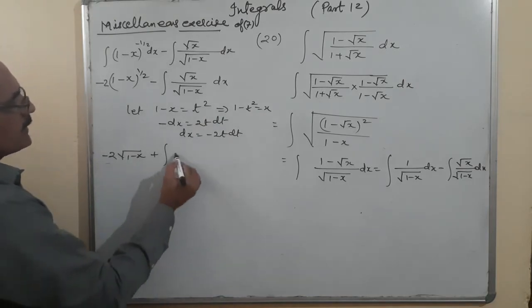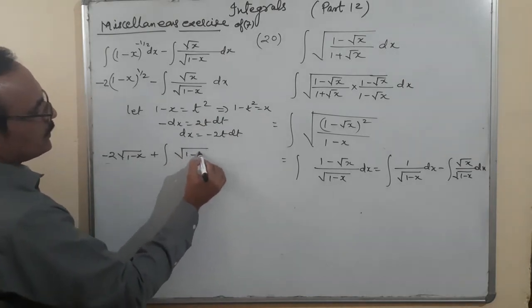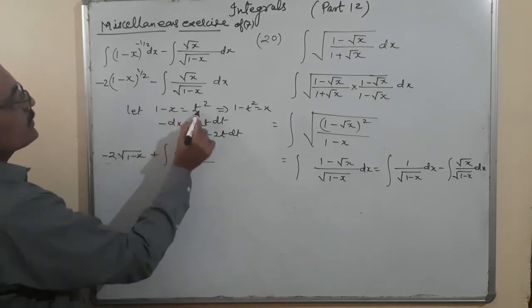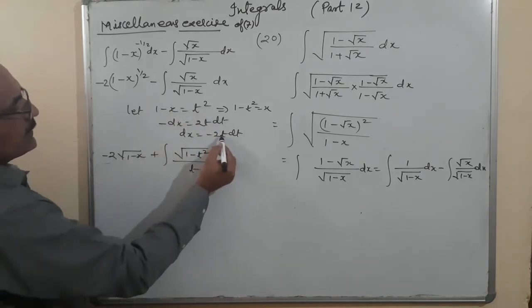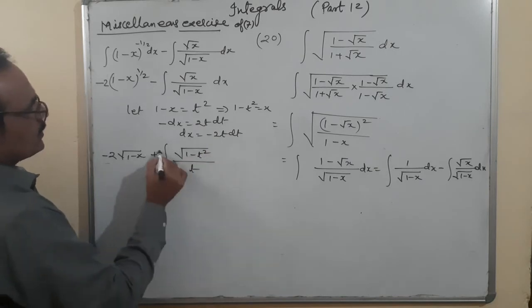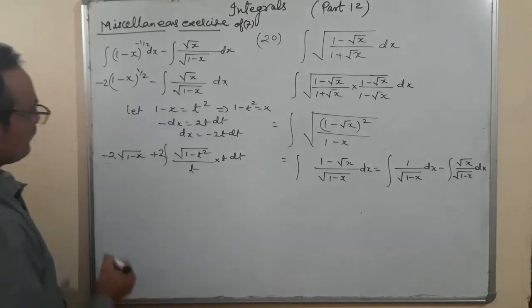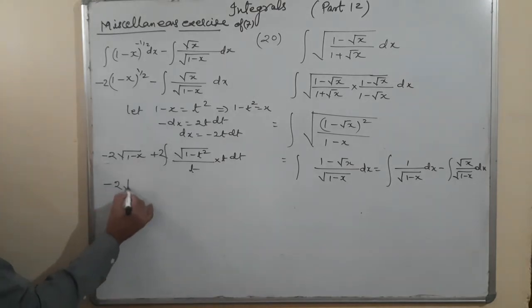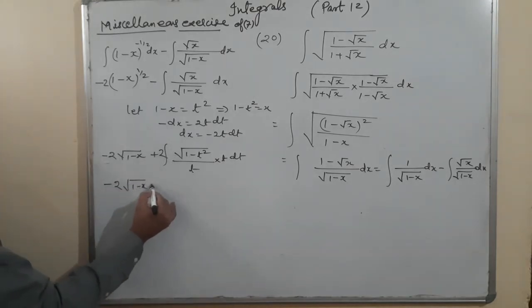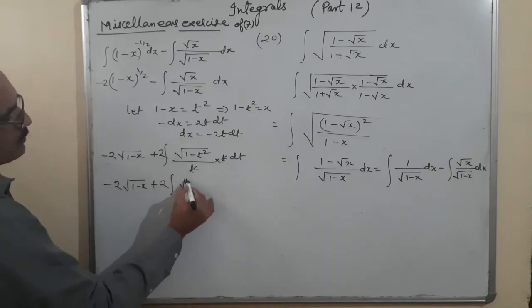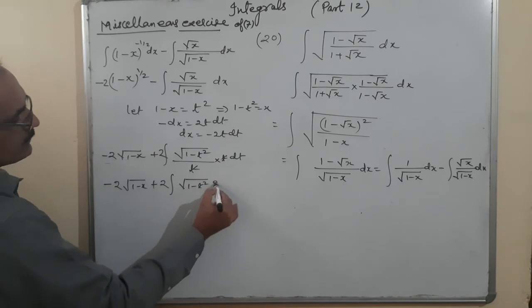So root x I can write here as under root 1 minus t square upon under root 1 minus x, which is t, and it is 2t dt, 2 outside, t and dt. Okay, minus 2 root 1 minus x plus 2, t and t cancel, under root 1 minus t square dt.